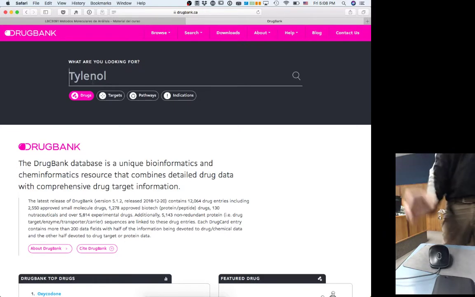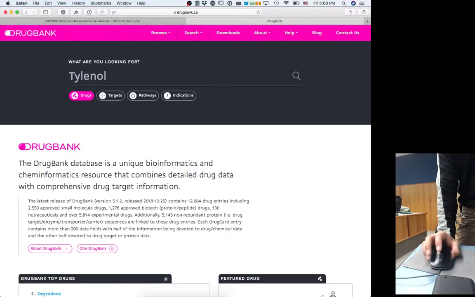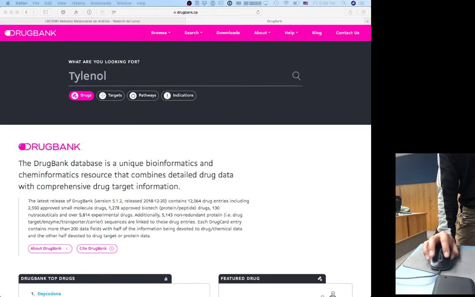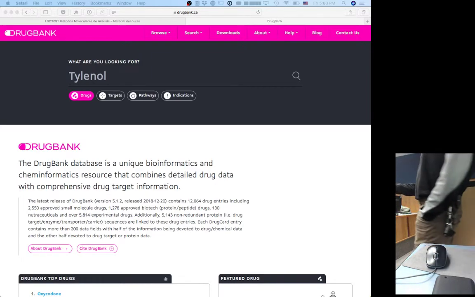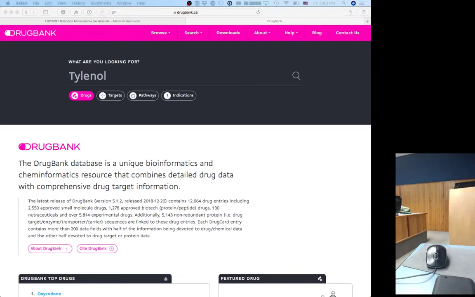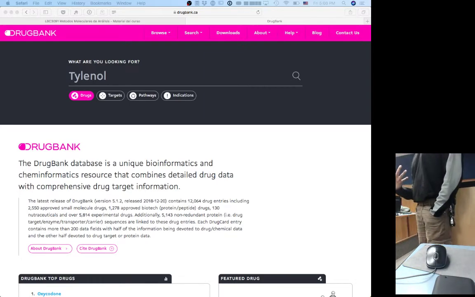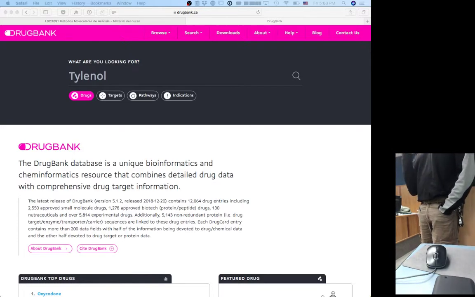So those are not really exciting targets, but most of the actual exciting targets are gonna be antivirals, antibodies, and in some cases proteins or peptides such as insulin.